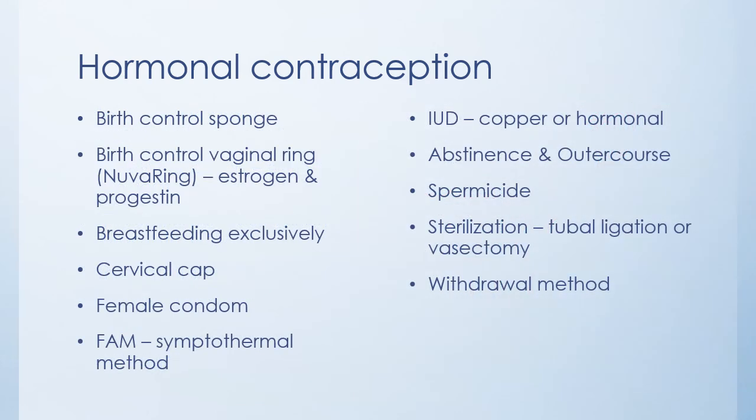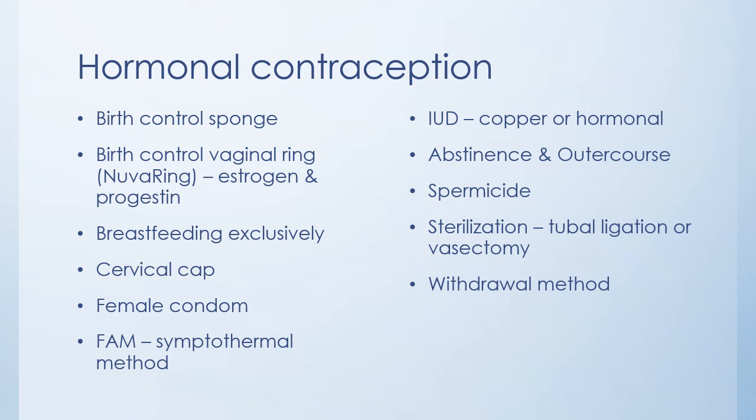Alright, so these are some more ways for contraception. You have the birth control sponge, the birth control vaginal ring, and breastfeeding exclusively, but sometimes this doesn't work as well. You have the cervical cap, simply covering the cervix area with a cap, and we also have the female condom.